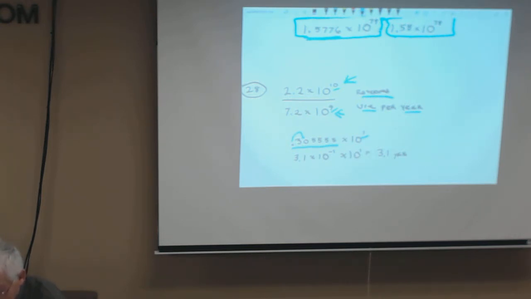So if I round it off, it's 3.1 times 10 to the negative 1. Because I made it larger than what it was, less than 1, so I have to use a negative exponent. And that times 10 to the 1 comes out to be 10 to the 0, which is 1. So that's 3.1.